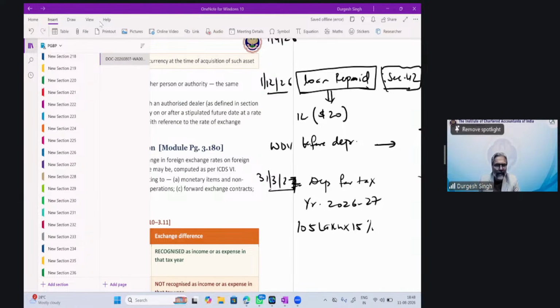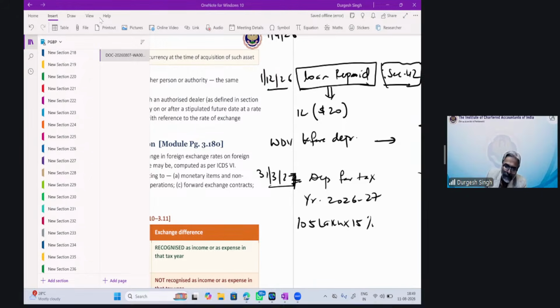When you paid on 1st of December 2027, the rate was 140. So spot rate 100 and the balance payment date rate 140. The difference is 40. How much dollar has to be paid? $50,000. So $50,000 into the difference of 40. How much addition, capitalization, are you going to do?